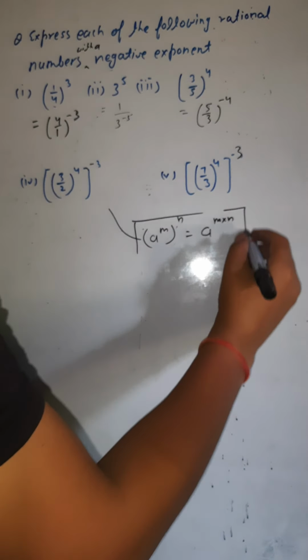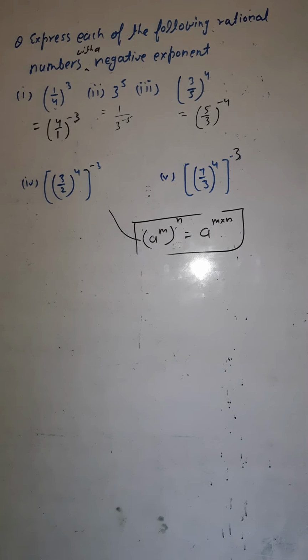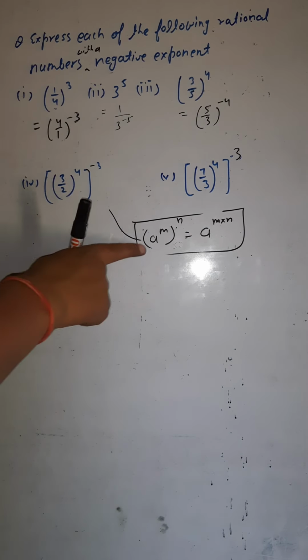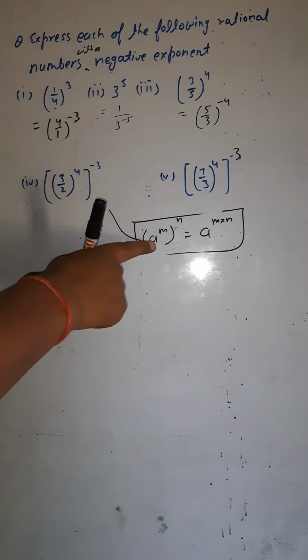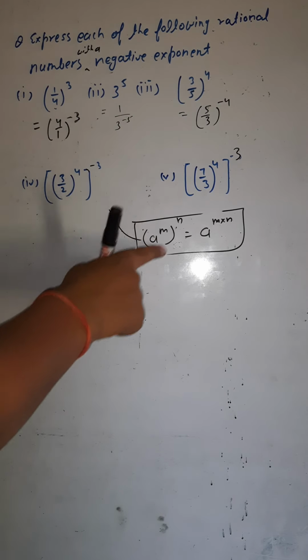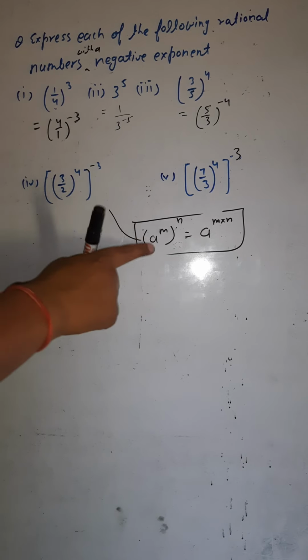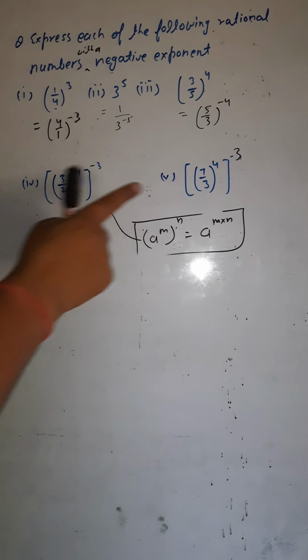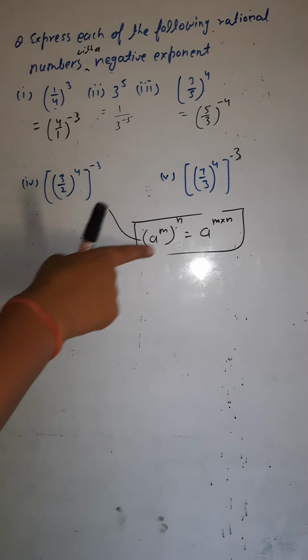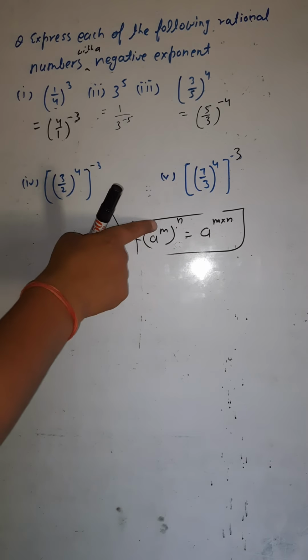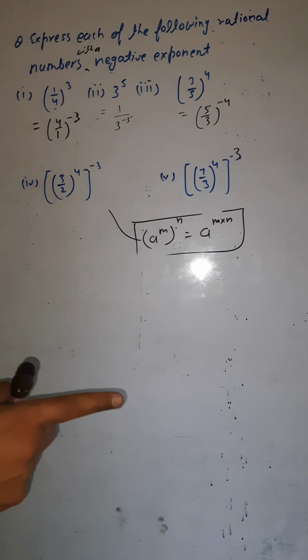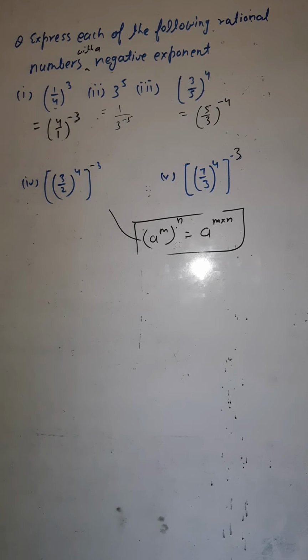This is the formula which you have to remember. Anywhere if you are getting a raised to the power m, again whole raised to the power n, meaning two exponents are there, then you would write this as a raised to the power m multiplied by n. Are you getting this? So a similar process you would do here also.